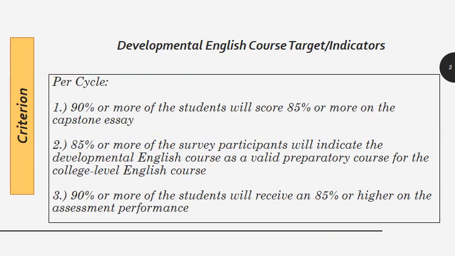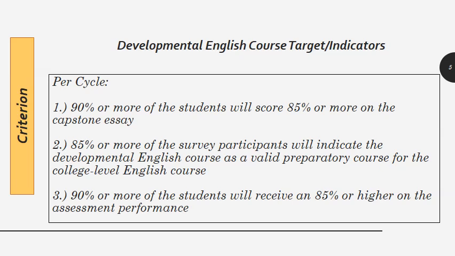As for the criterion, the targets or the desired level of performance the students must achieve in order to be appropriately prepared for the college-level English course are: 90% or more of the students will have to score an 85% or more on the capstone essay. 85% or more of the survey participants will indicate the developmental English course as a valid preparatory course for the college-level English course.